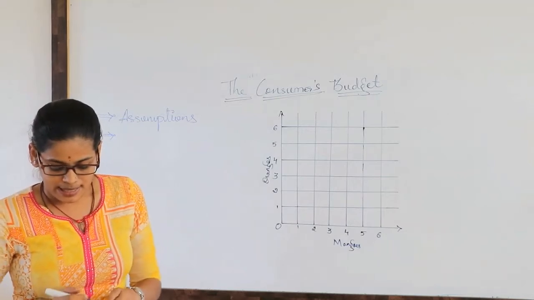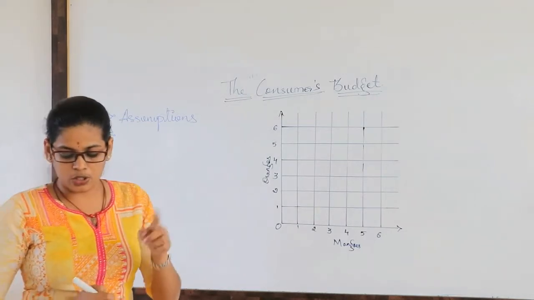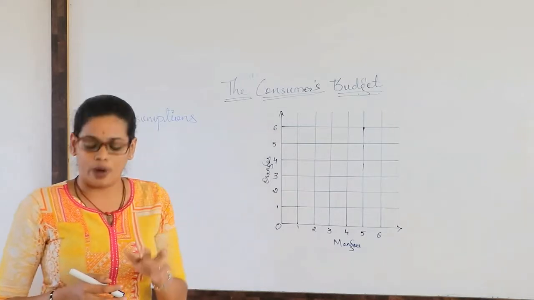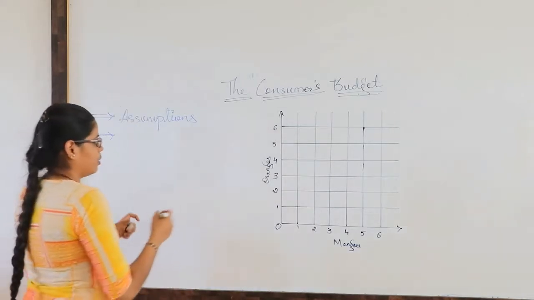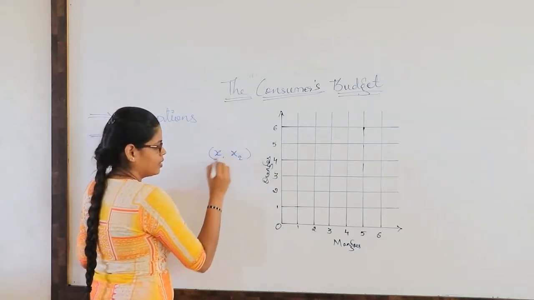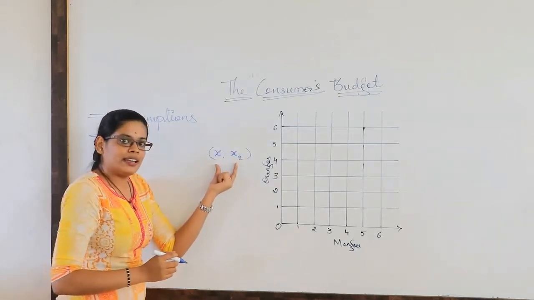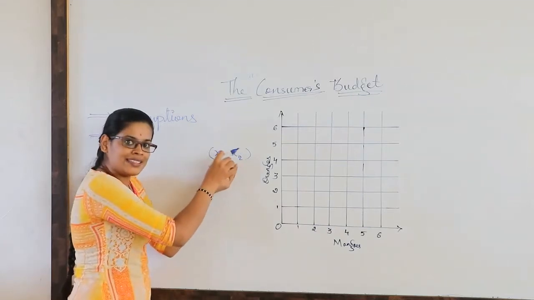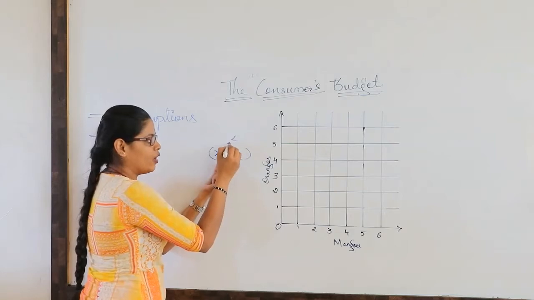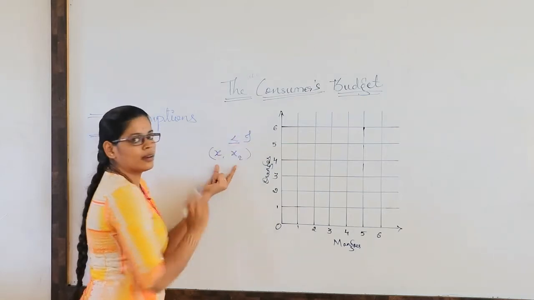The third assumption is that the consumer buys only those bundles which cost less than or equal to her income. We have talked about this bundle, right? The consumer buys this bundle only when it is less than or equal to his income.